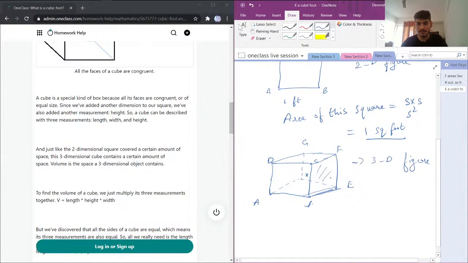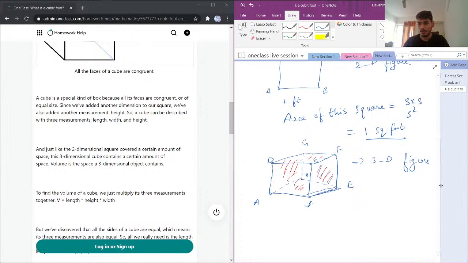We have this face, this face, this face, the back one, the bottom one, and the top one. So we have 6 faces for a cube.